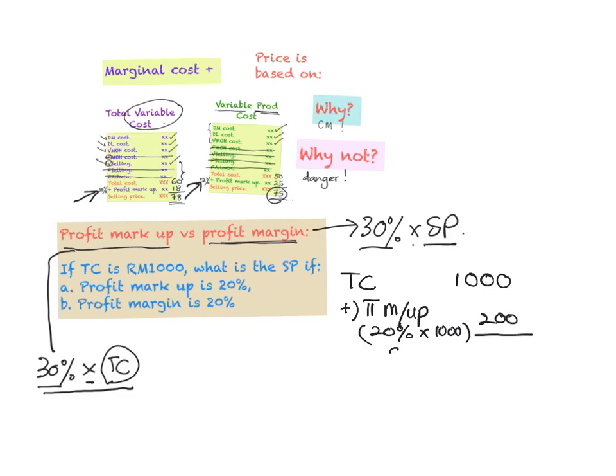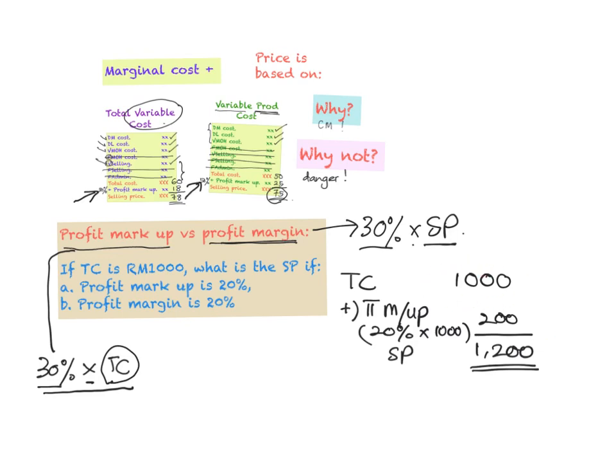Your selling price here will be 1,200. This is the case if the question asks for a profit markup. So that is what you need to do: the 20% rate times the total cost.